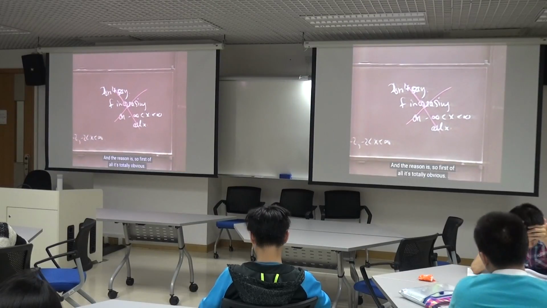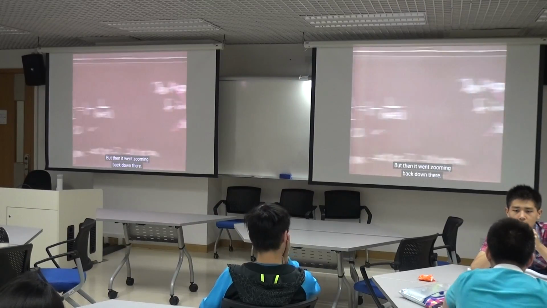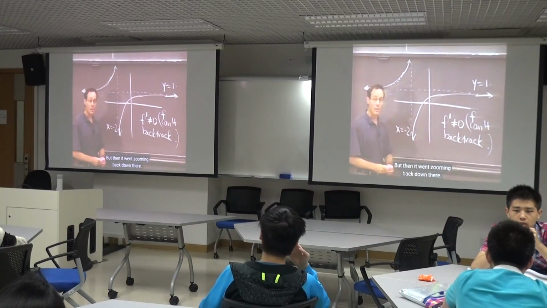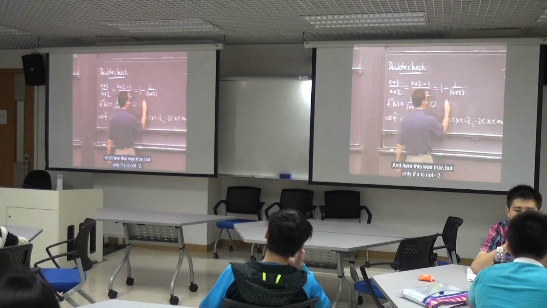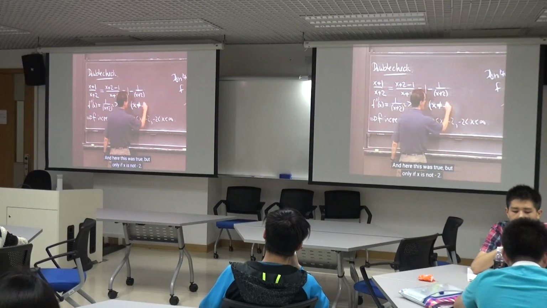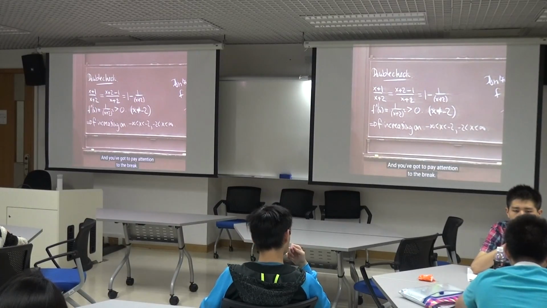Okay, and the reason is, first of all, it's totally obvious. It's going up here, but then it went zooming back down. And here, this was true, but only if x is not negative 2. So there's a break. And you've got to pay attention to the break.